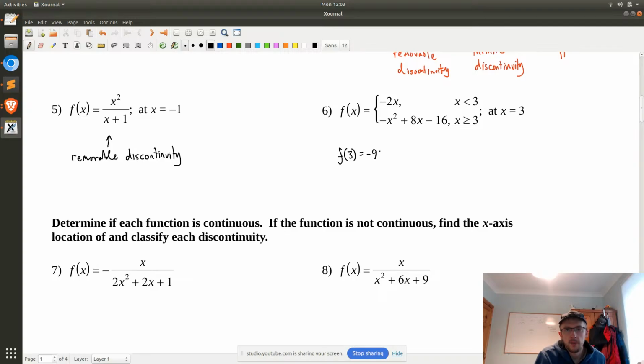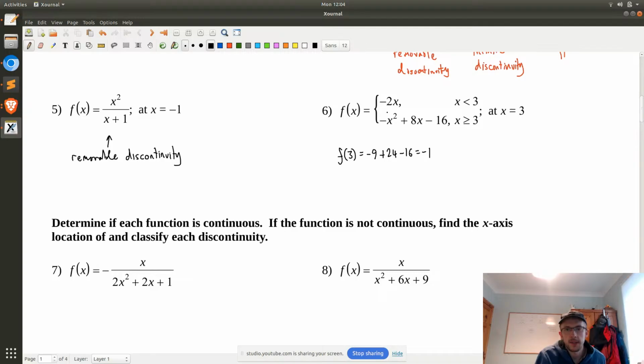So that's the negative of 9 plus 24 take 16, which is negative 1. Whereas if I put it in here, I get negative 6.